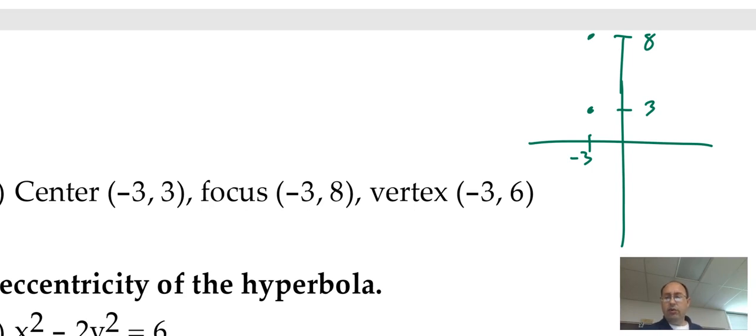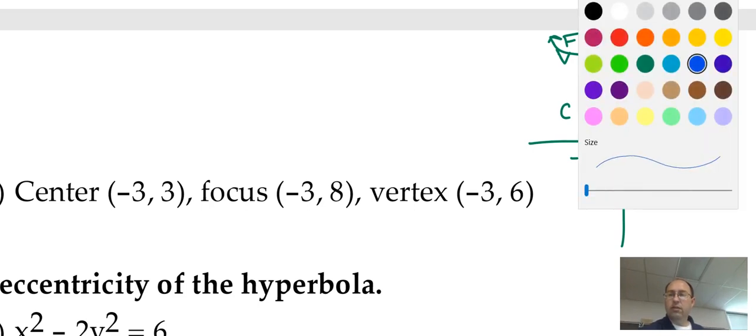Vertex at -3, 6. Okay, so center's at -3, 3. Vertex at -3, 6. Looks like a job for a hyperbola. So my distance from here to here, that's my B value, that's 3.